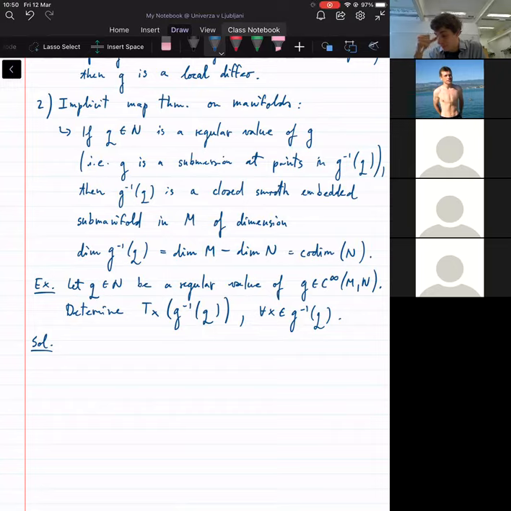Maybe we can take just the tangent space of the manifold N and then map it with the inverse of dg. Okay, so dg is surjective. It's not necessarily injective, so we do not necessarily have an inverse. Actually, there's no reason to believe that we do.